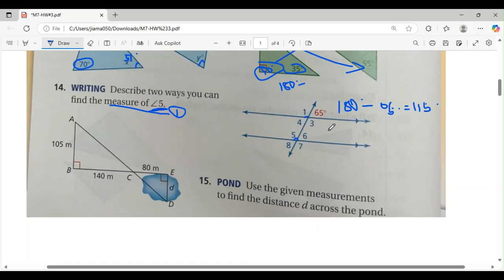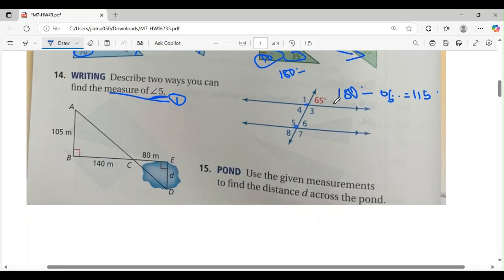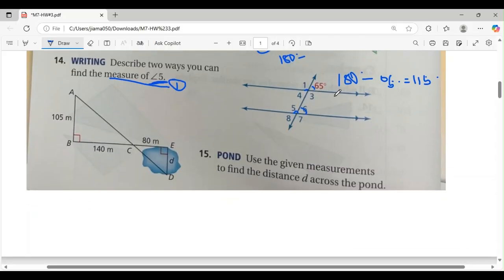Let's see next. 65 degrees, and we can find that this angle and angle 6 are also corresponding angles, which means they also have the same angle measure, 65 degrees.